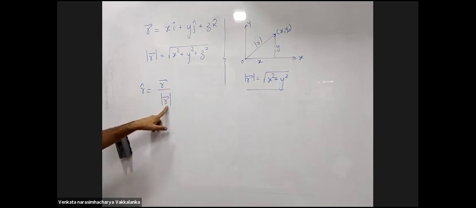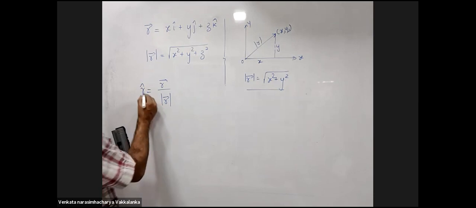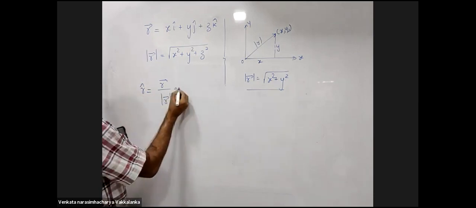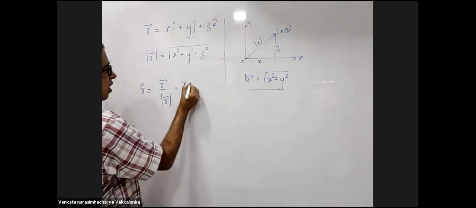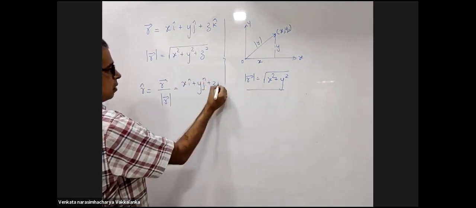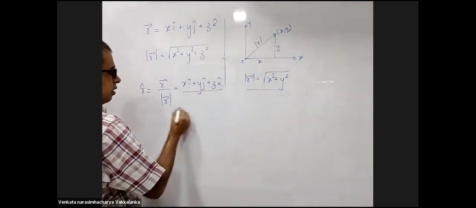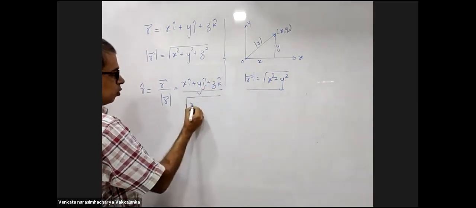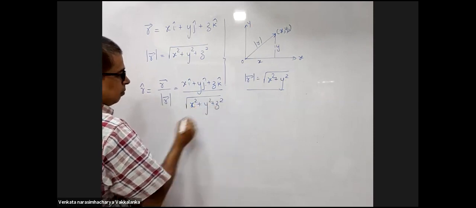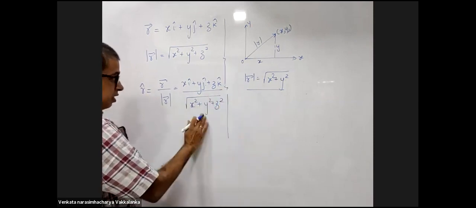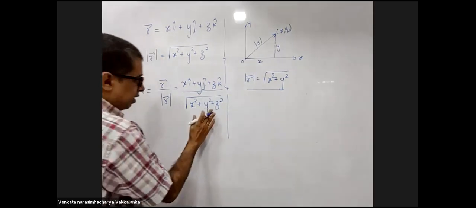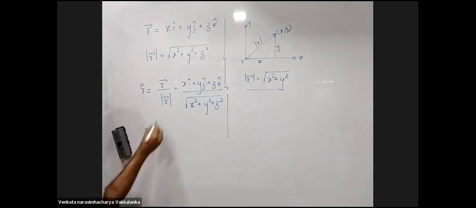Divide by magnitude in the denominator. You will be left with the direction. So you will write x i cap plus y j cap plus z k cap divided by root over of x square plus y square plus z square is the unit vector direction of this vector r with unit magnitude.